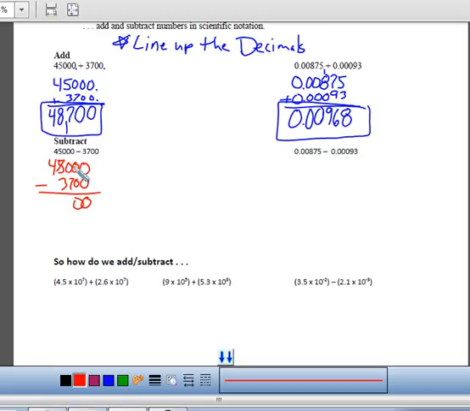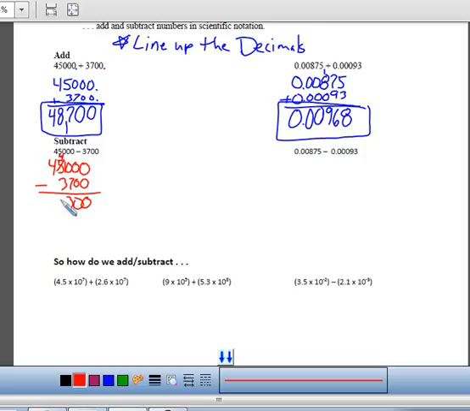So, I'll borrow from the thousands, and make it 4,000 instead of 5,000, and turn this into a 10, or 1000 minus 700 is 300.